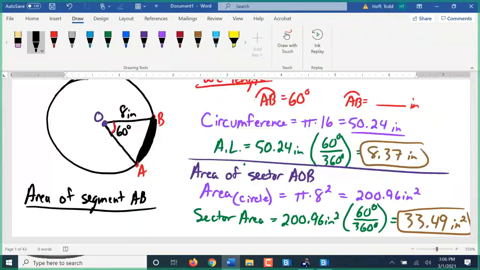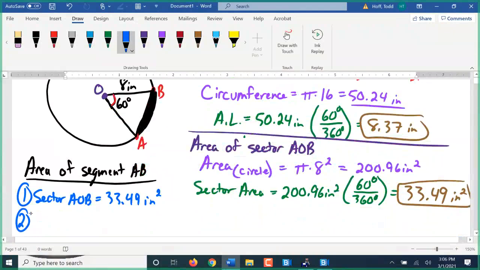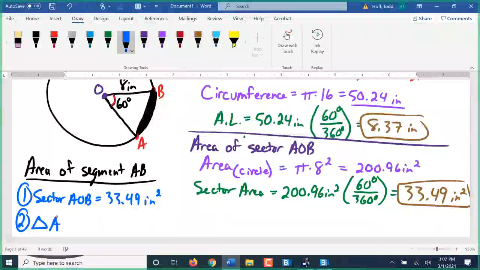And to do it, first find the area of the sector. Sector AOB, already found, has an area of 33.49 square inches. Our second step is to find the area of triangle AOB.